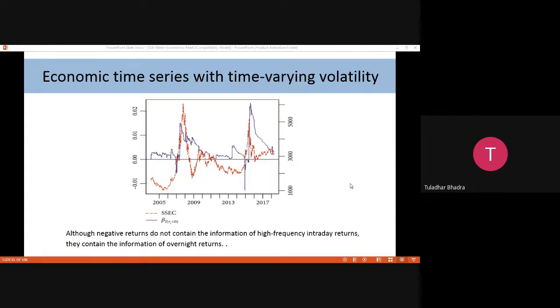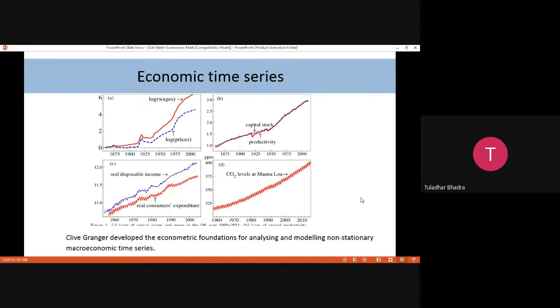Also, so these are some of the graphs they have even for the Nobel Prize for economic time series over here.